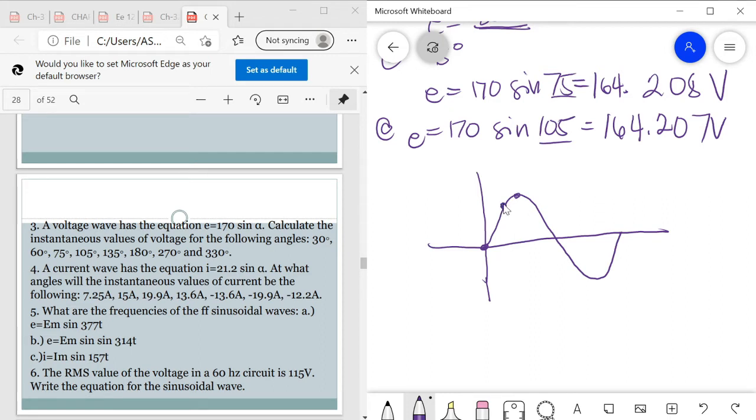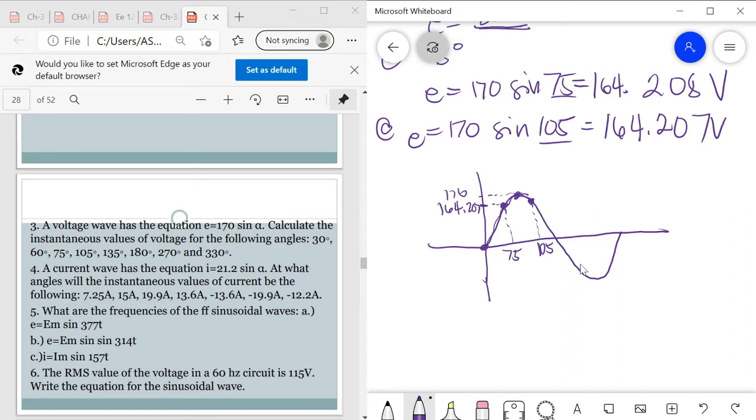So, after the rising at 75 at maximum, so bababa na naman siya dito. So, nandito yung angle 105 and this is 75. They have the same value here at y-axis, equal to 164.207. So, ito yung value ng ating maximum na 170. They are the same at this point and at this point.